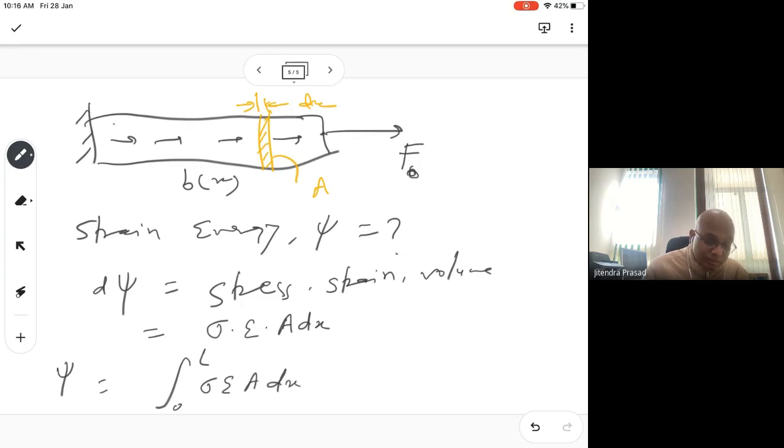This is what the strain energy is. You can expand it further, as you know that sigma is nothing but E times epsilon, and then you will have the strain and then A dx. And then when you integrate it, automatically you will see that it will be like this.